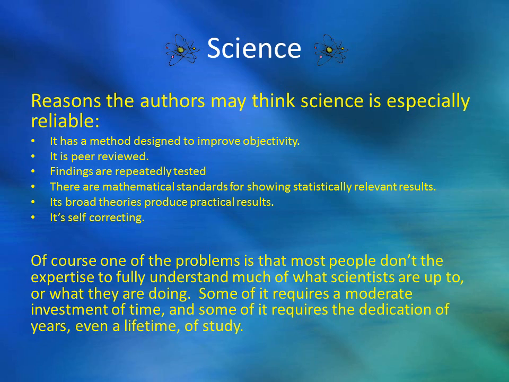Now, one of the problems with science is that most people don't really have the expertise to understand much of what scientists are up to or what they're doing. Some of it requires a moderate investment of time, some of it requires the dedication of years or even a lifetime of study. Luckily, with some investment of time, you can often understand enough to tell what's going on.